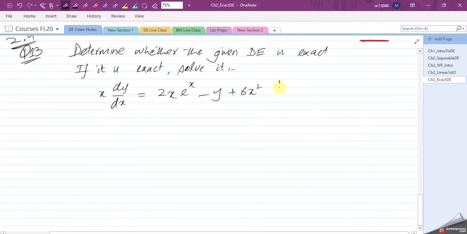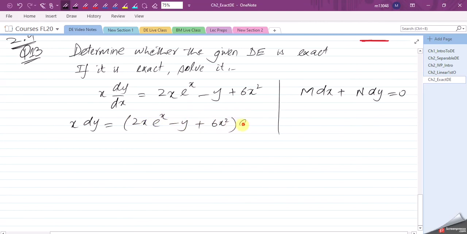First, we have to write the equation in the form M dx plus N dy equals 0. Otherwise, we cannot check the derivatives. What we do is x dy equals 2x e power x minus y 6x squared dx. So this dx goes on the other side and we multiply.